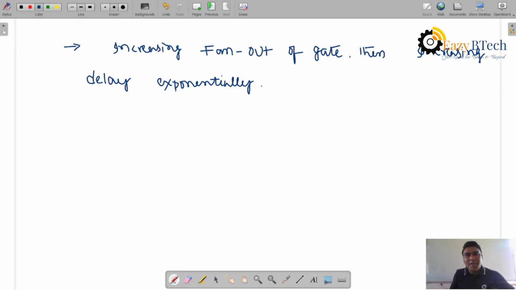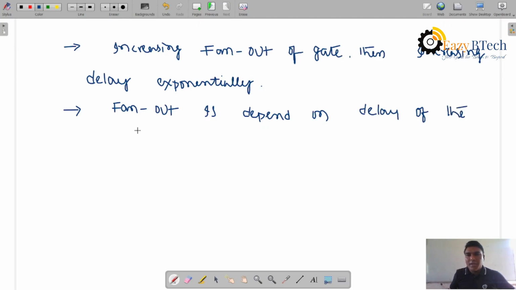So it may depend on the speed of the gate. So fan out depends on fan in. So fan out depends on delay of the device, delay of the gate.